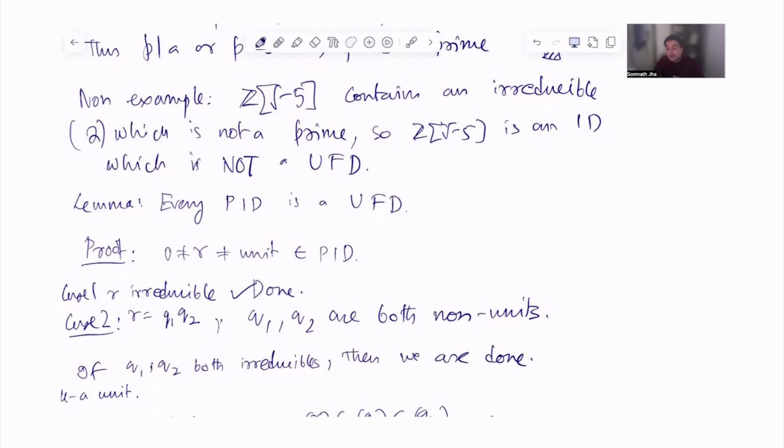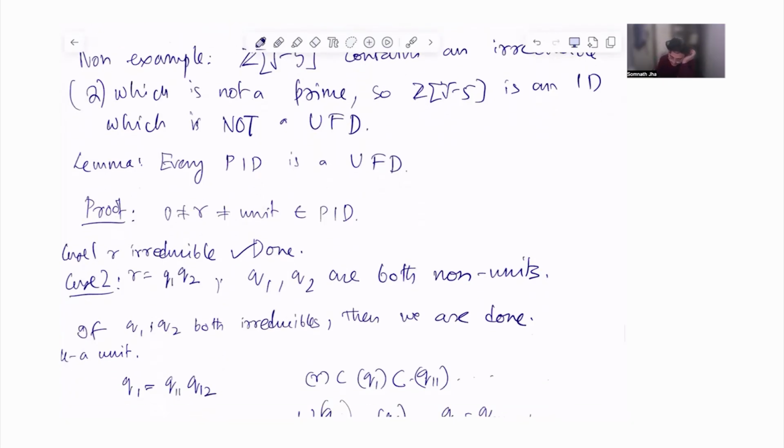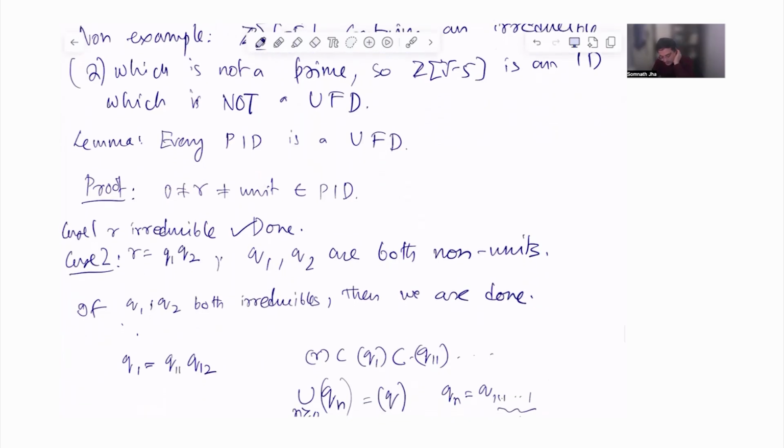First, I am expressing the element as a product of irreducibles, and then I'll talk about uniqueness. Otherwise, you write Q, let's say Q1. Q1 is not irreducible, so it's not a unit. So Q1 can be written as Q1_1 times Q1_2, right?